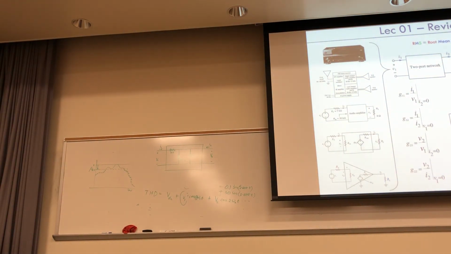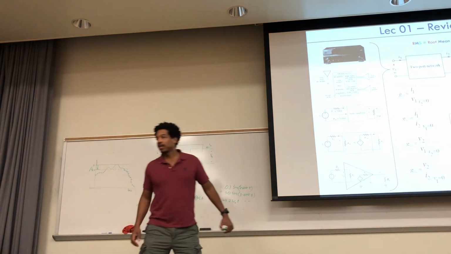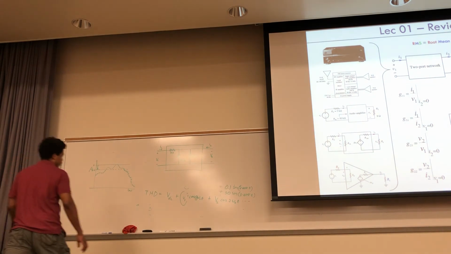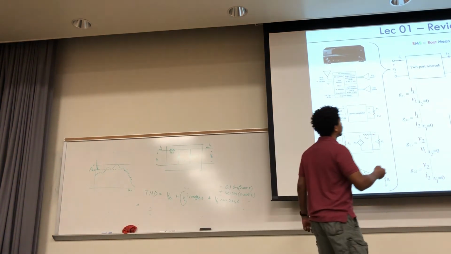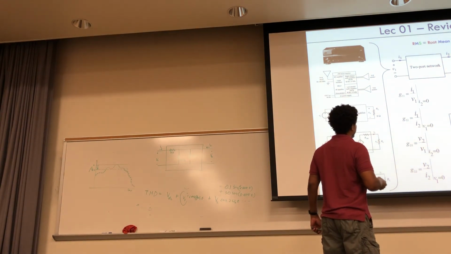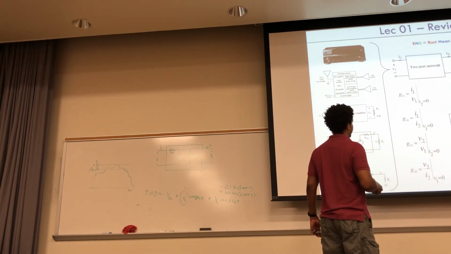For our G parameters right here, we have this thing that we have to go by, right?